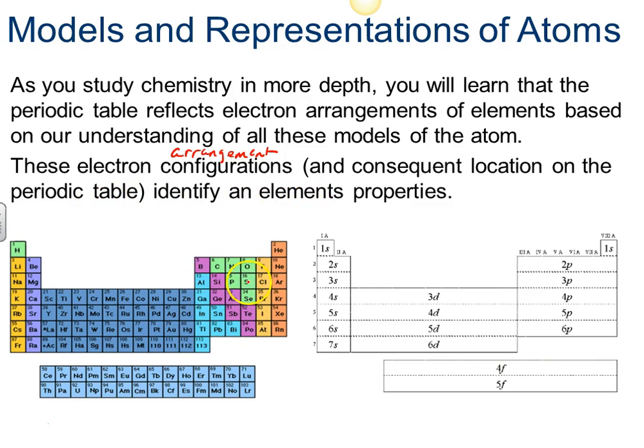So, for instance, we would say that sulfur right here has certain properties, and those properties are unique to a location that's here on the periodic table. And we may have properties that are similar above it and below it. And we start to deviate as we move from the left to the right or up or down. The farther we get away from it, the more the properties are going to change. But electron arrangement is the basis for the periodic table's shape.